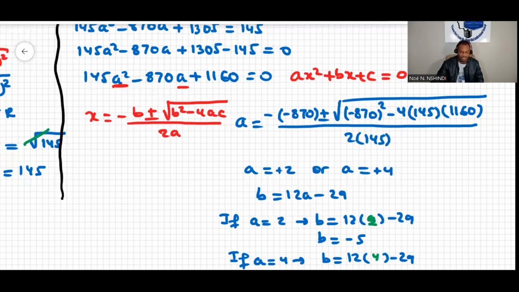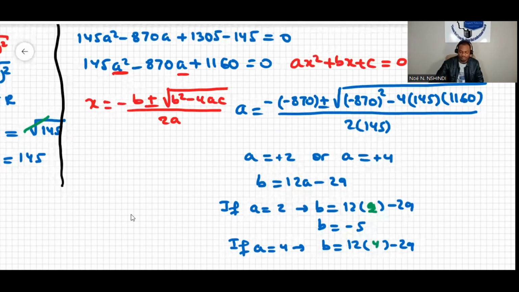So b will be equal to 19. Now, over here we have the points. K is the point when a is 2, b is negative 5. And there we have the point when a is 4, b is 19.